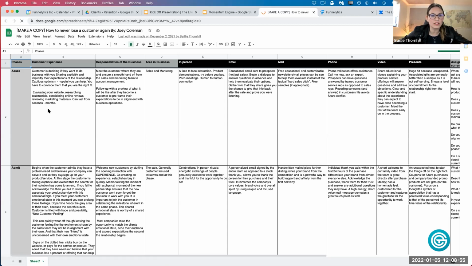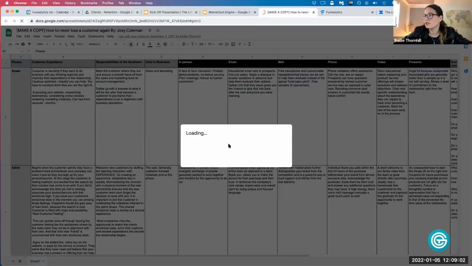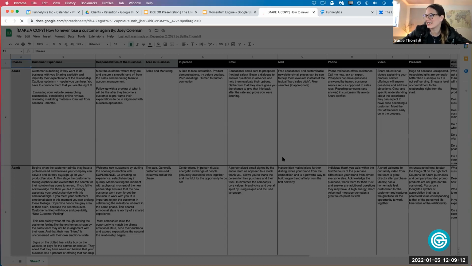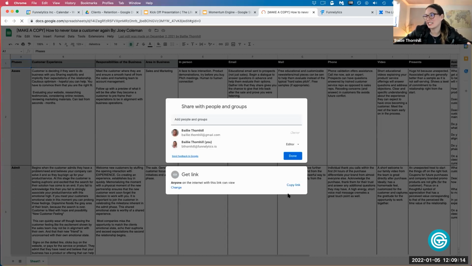This book will fill in those gaps for you. I've used this book so much. I don't know how much money I've made after implementing this as a book report and giving it to my clients. This is how we built Funnelytics into what it is.